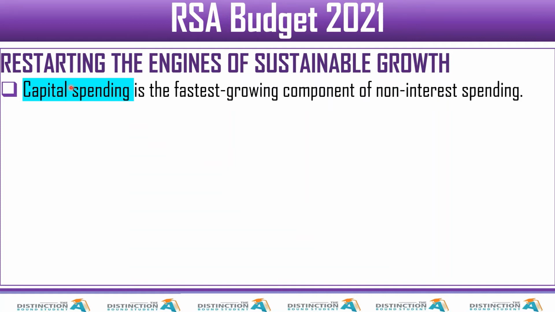So capital formation is the fastest growing component of non-interest spending, and I like what I'm seeing there, because I think capital formation is very important, because it's something that can lead us to this term here, sustainable growth.